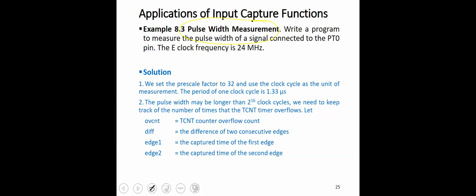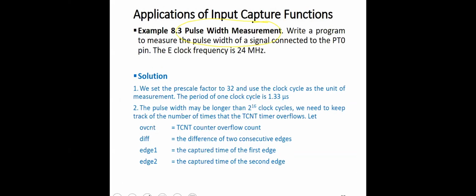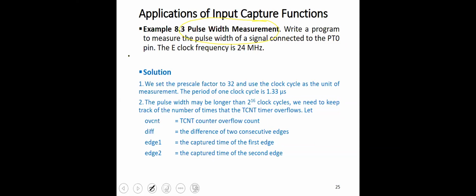which, as I said last time, could represent the duration of some event. For example, somebody is pressing a button that is connected to port pin T1, and you want to record how long the user pressed the button: 1 millisecond, 5 milliseconds, half a second, 2 seconds, and so on.